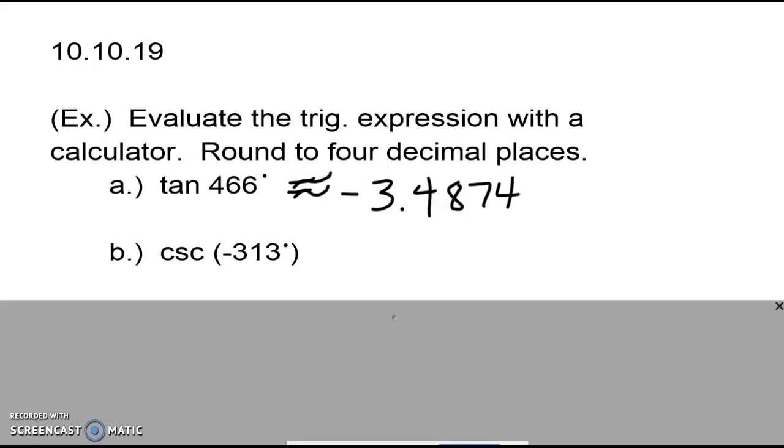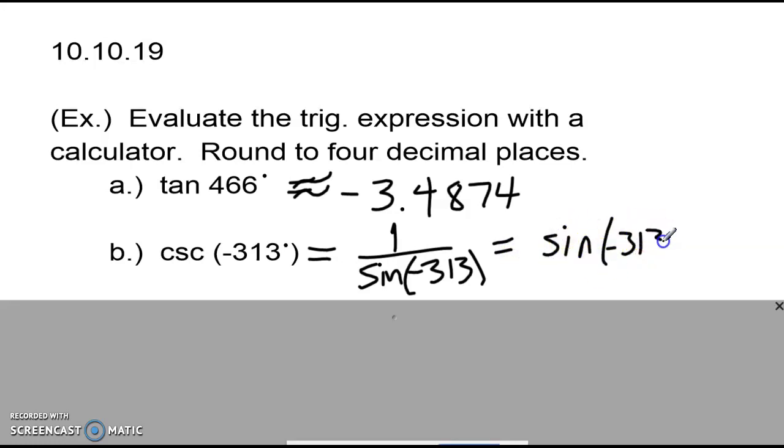There are a couple of ways that we can do this. One way, we know that the cosecant is the reciprocal of what? Sine. So we could simply go 1 divided by the sine of negative 313. Or we could do sine of negative 313, and then on your calculator hit the x to the negative 1 key, and that should give you the value.